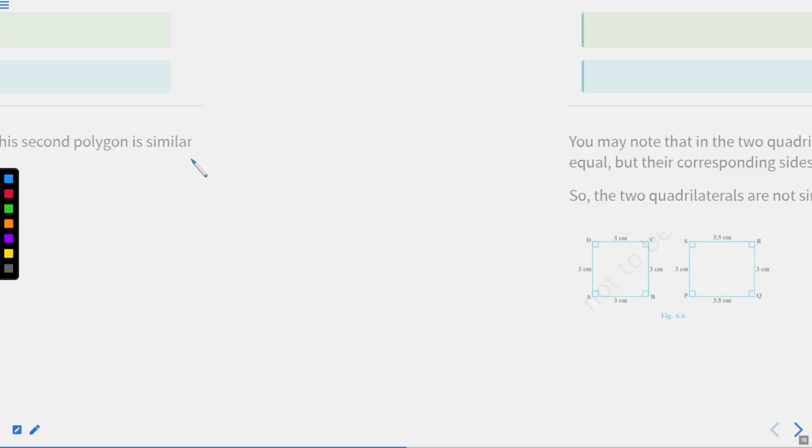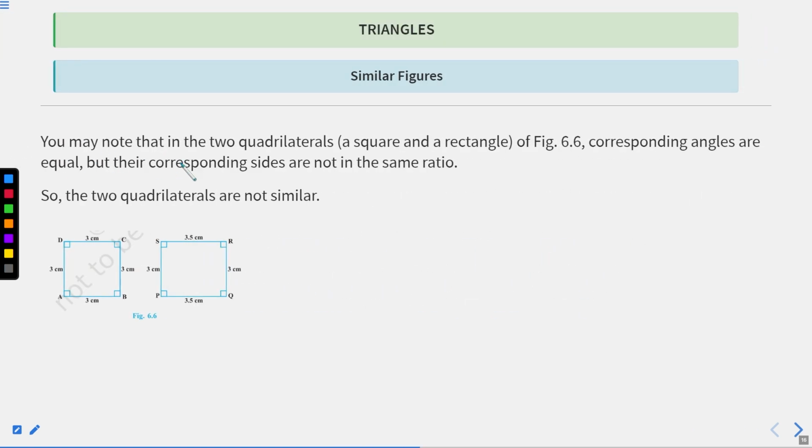You may note that in the two quadrilaterals, a square and a rectangle, of figure 6.6, corresponding angles are equal, but their corresponding sides are not in the same ratio.